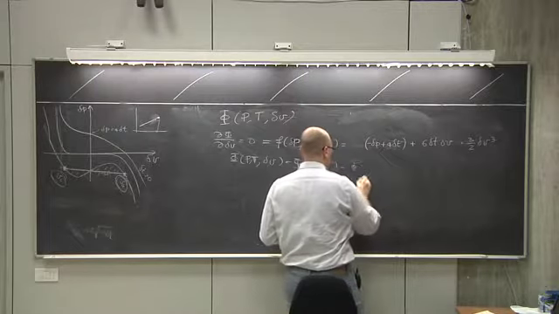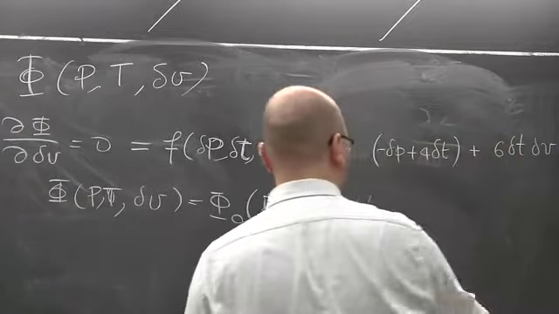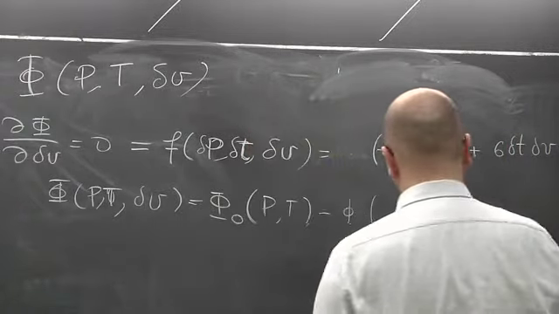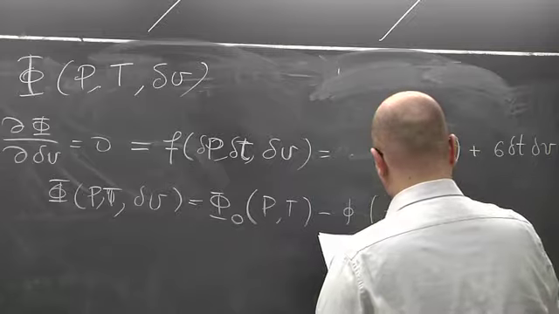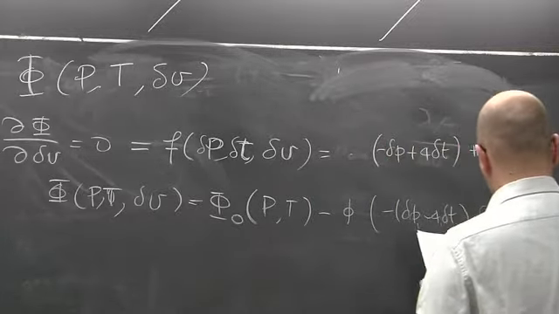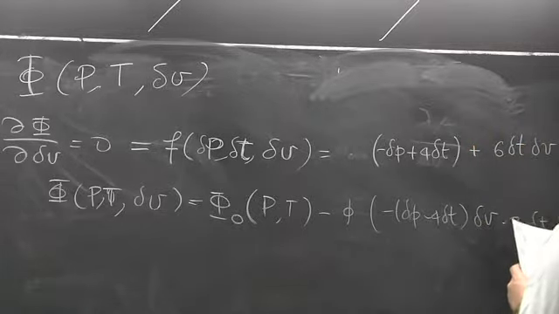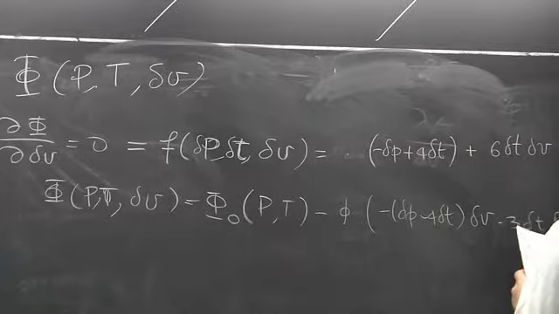Minus a constant, let's call it small phi, because everything is dimensionless, so this has to be the dimension of an energy, minus delta P minus 4 delta T times dV, minus 3 delta T dV square, plus 3/8 delta V to the fourth.